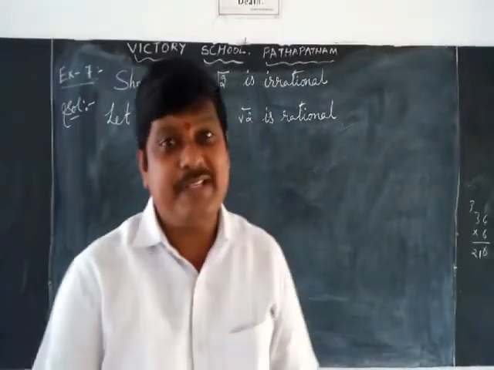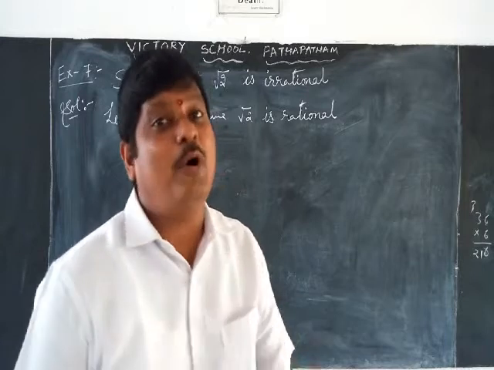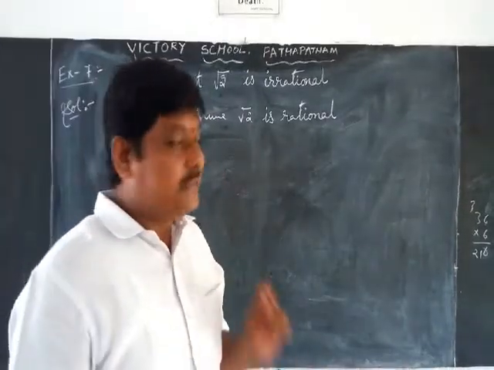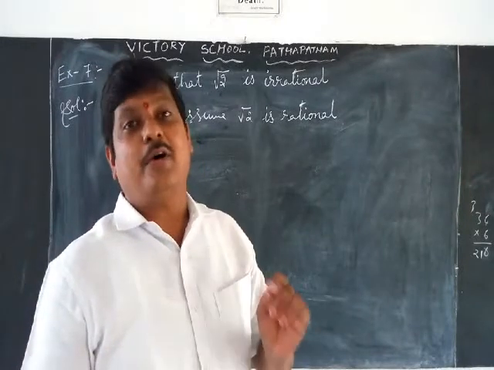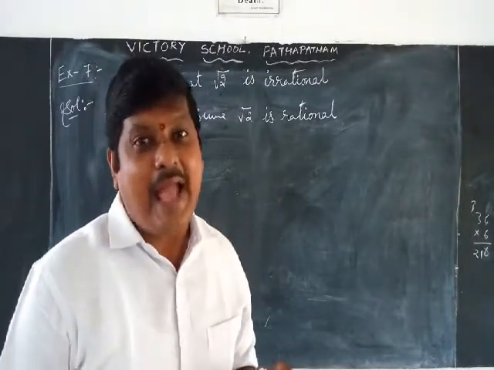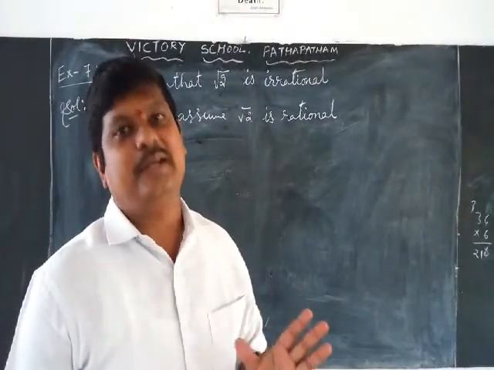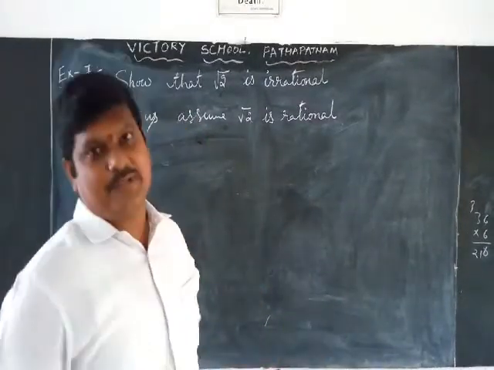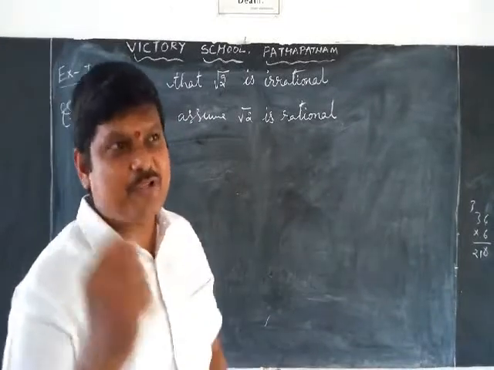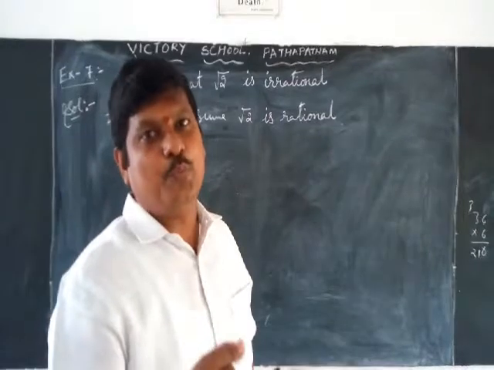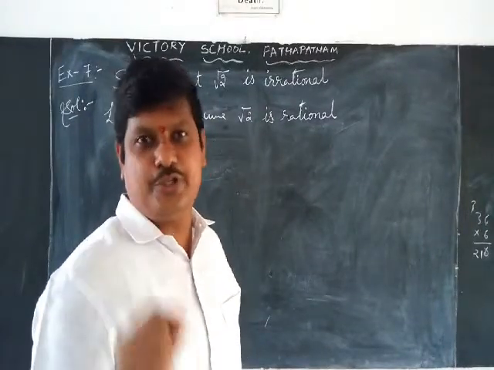A number which is in the form of p by q or a by b or x by y, where q is not equal to 0, is called a rational number. Once again, what is the definition of a rational number? A number which is in the form of p by q, q is not equal to 0.